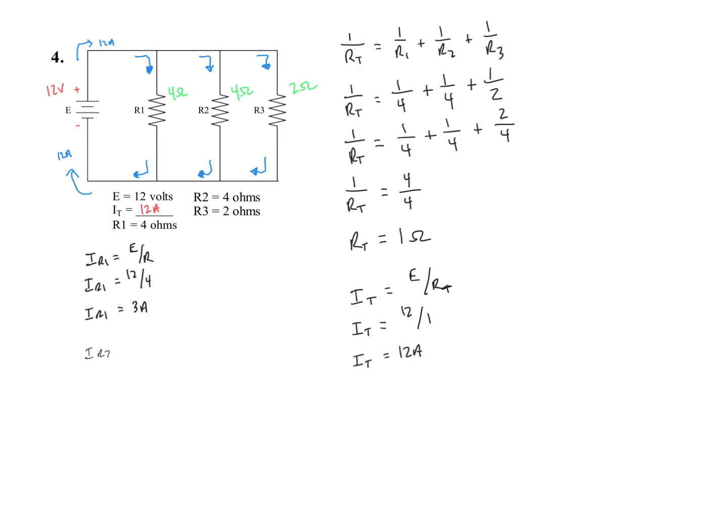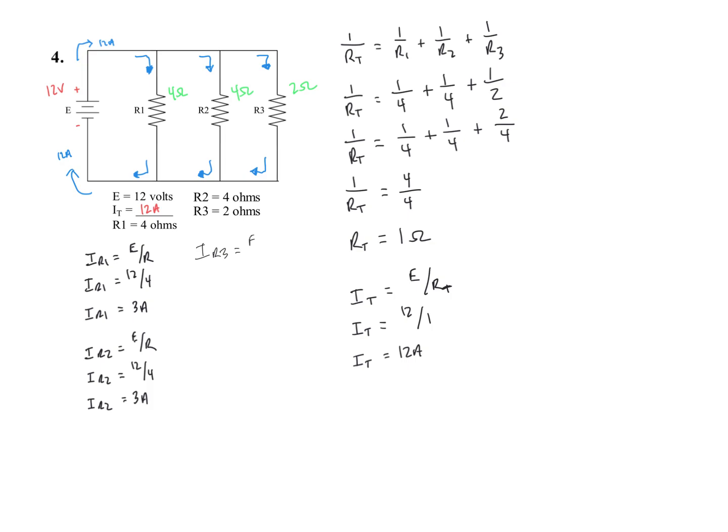And then for resistance 2, it's 12 divided by 4, 3 amps. Those are the same resistances, so we should expect the same flow. But the last one has 2 ohms, and that's an important thing to think about: less resistance means we should expect higher current. So let's do the math on that one.